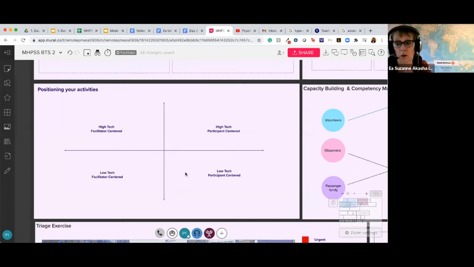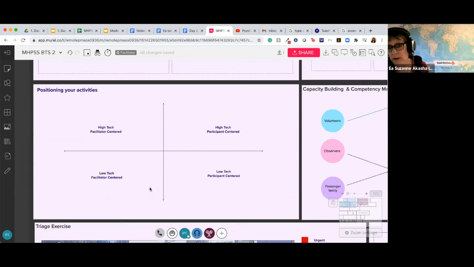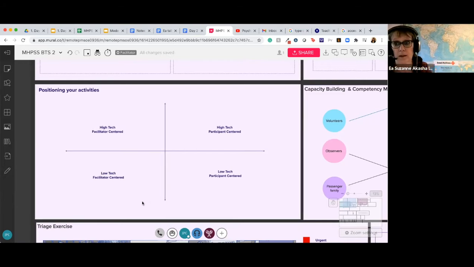It needed to be versatile, so it could be used in all these different ways to cover different situations in the world. So our idea in presenting this is also to think about, when you plan your training, where do you want to be with the different activities, what is suitable for the audience and for the technological possibilities that are available where you are.